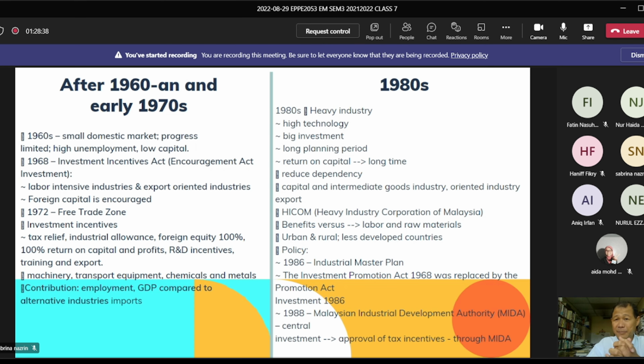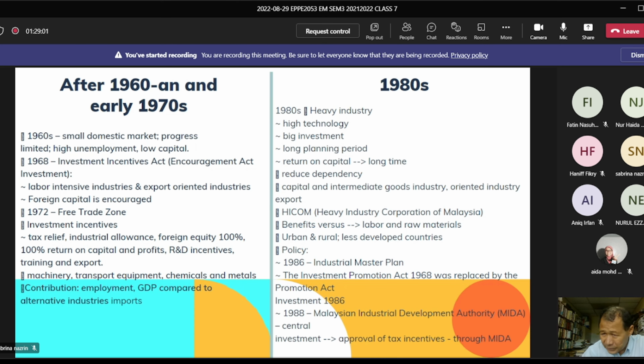Any foreign companies that wanted to invest in Malaysia must meet the requirement of 30% Bumiputra employment and Bumiputra ownership in the company. So they must joint venture with the Bumiputra.